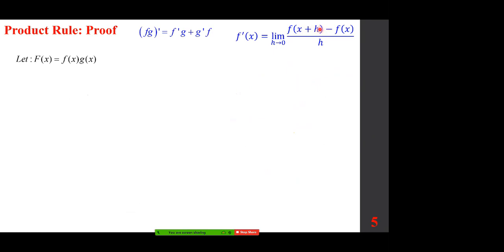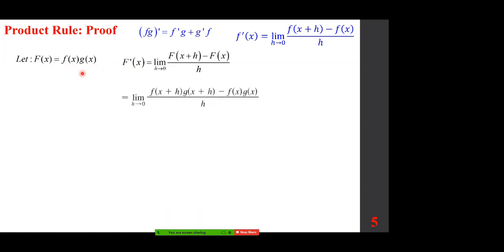What is f of x plus h? That means what is capital F of x plus h, okay? So it becomes lowercase f of x plus h times lowercase g of x plus h minus capital F of x, which becomes f of x times g of x. So that is the setup. I hope everybody can see that, and we have no problem with that, okay?